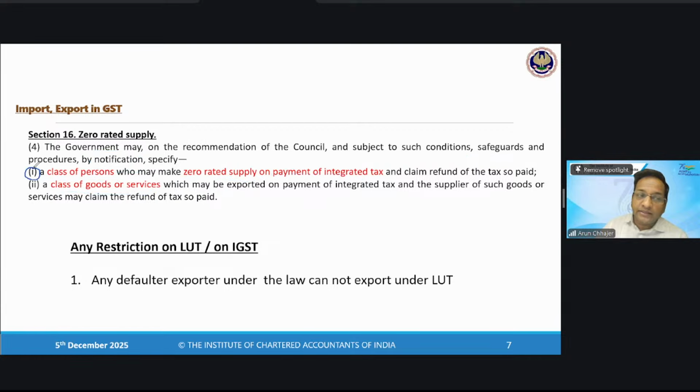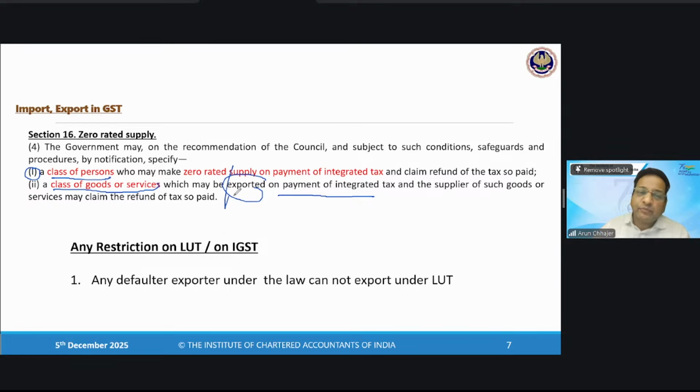In clause 1, they say they will specify the class of person, and in the second clause, the class of goods or services, for export on IGST. It means you cannot export on IGST in all cases or under LUT in all cases.